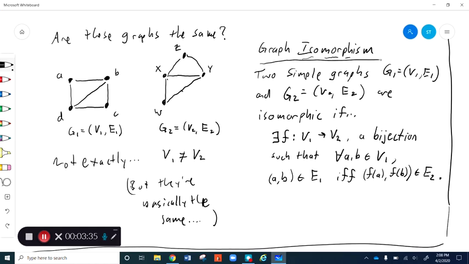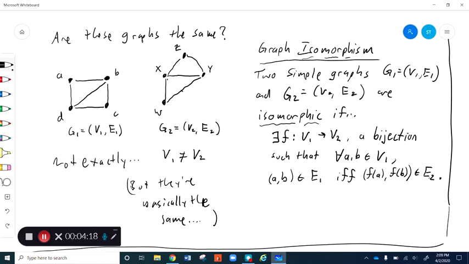Two simple graphs, G1 and G2, with vertex sets V1 and V2 and edge sets E1 and E2, are called isomorphic if there exists a function f from the first vertex set to the second vertex set, or vice versa, it doesn't really matter, which is a bijection, such that given any two vertices A and B in V1, there's an edge from A to B in the first graph in E1 if and only if there's an edge between their images, f of A and f of B, in the second graph.